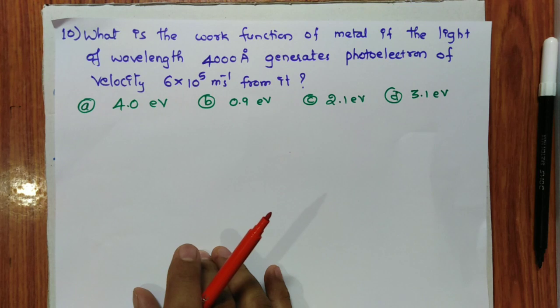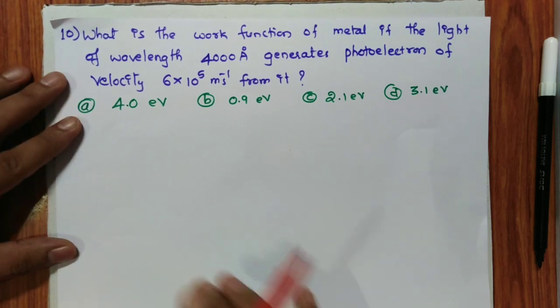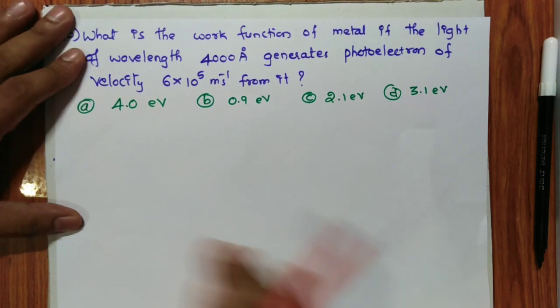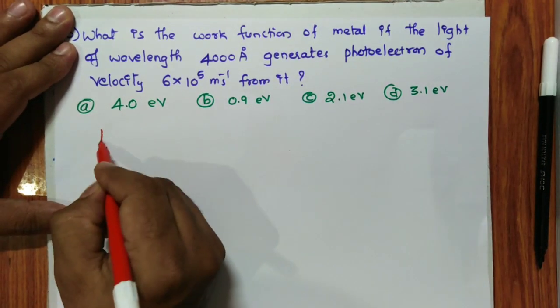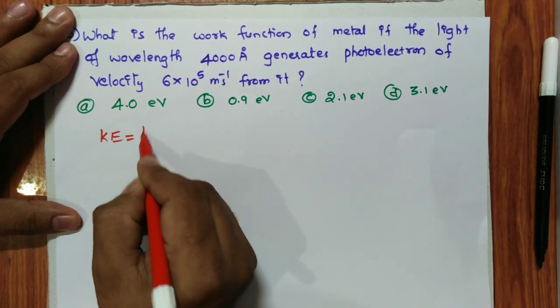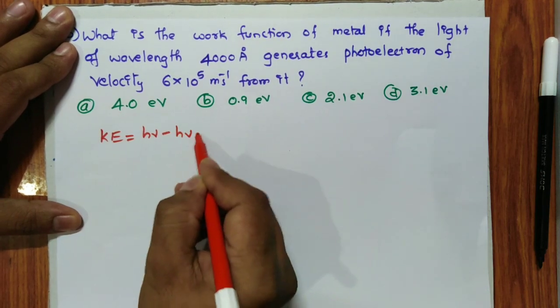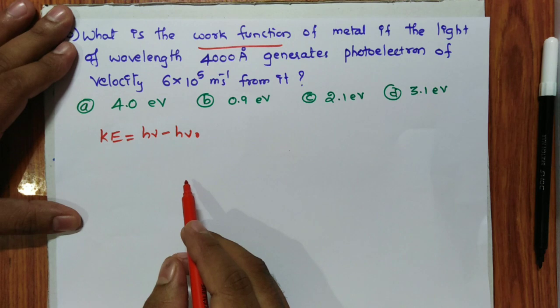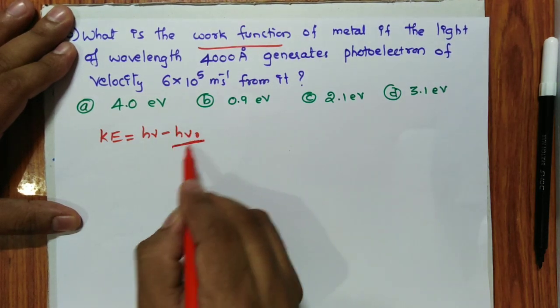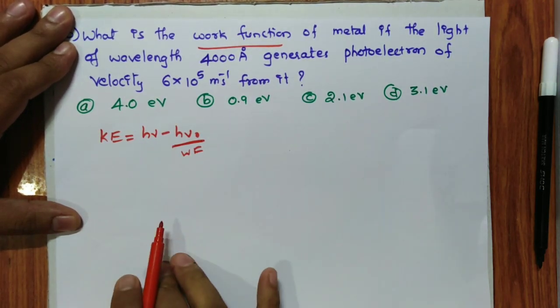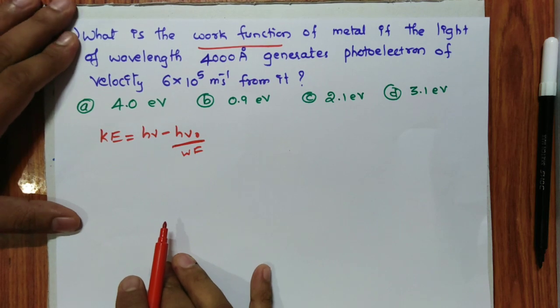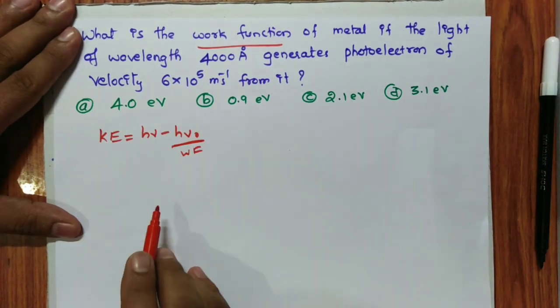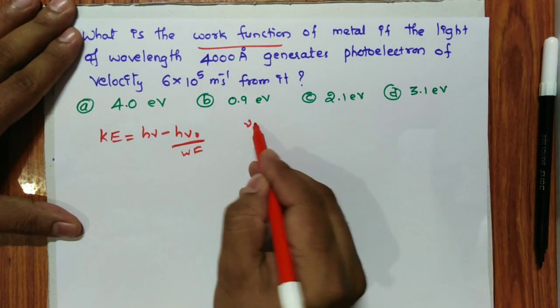Whenever a question is given, you think about the basics of that, right? They are talking about the photoelectric effect, which means kinetic energy is equal to h nu minus h nu naught, correct? Work function is what they are asking. What is work function? This is nothing but h nu naught, which means you have to calculate h nu naught. Then wavelength is given. That is nu is equal to c by lambda, right?